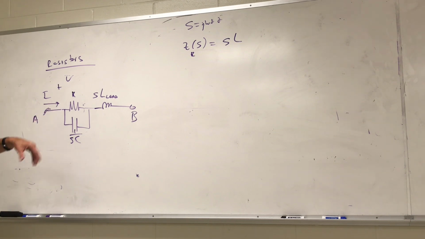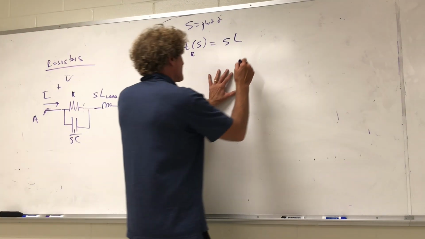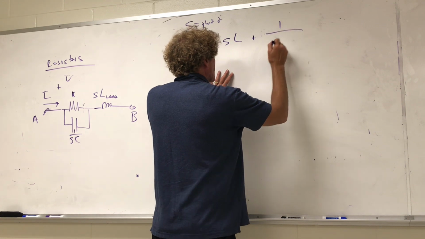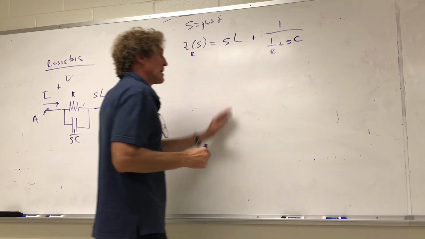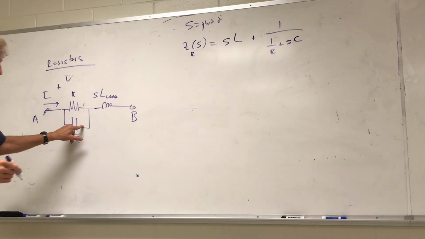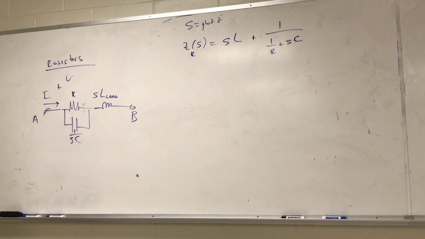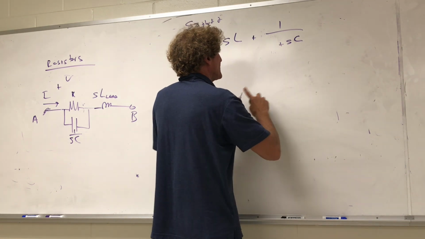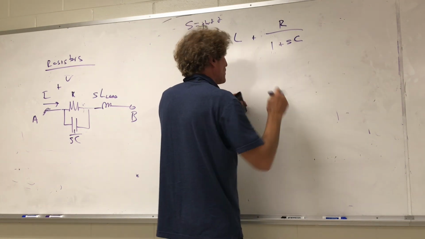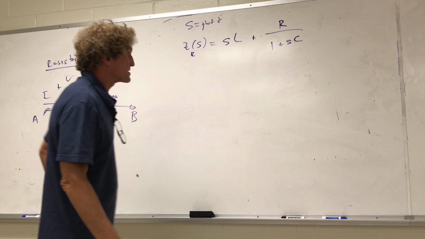So if you looked at the total impedance of this as SL, then it's plus 1 over R plus SC. Now the only thing I'm doing there is taking 1 over the first impedance plus 1 over the second impedance, take 1 over the whole bunch. Depending on what you want to do with this, I can multiply top and bottom by R over here, and now I get R, and I get 1 here, and that's the impedance of that system.